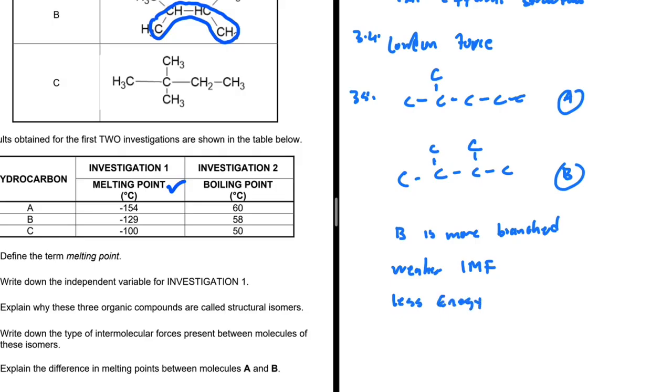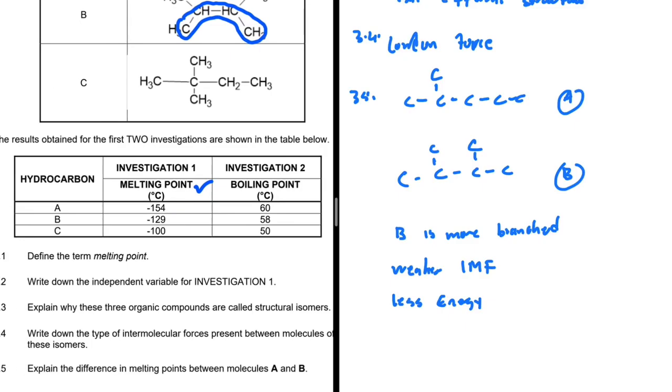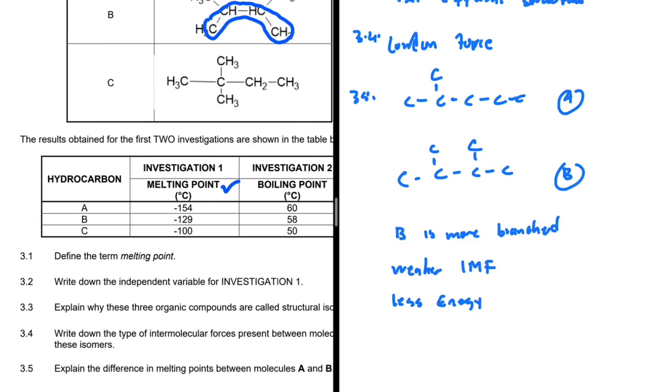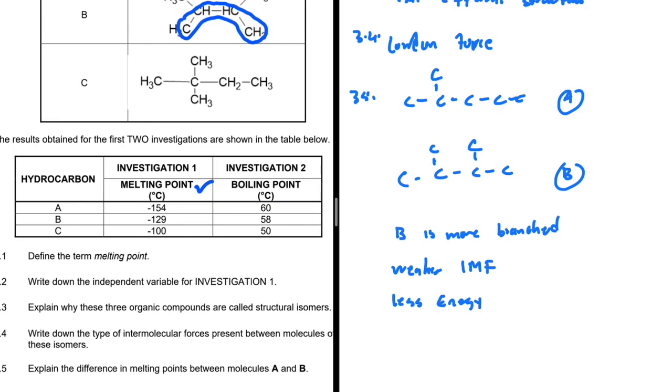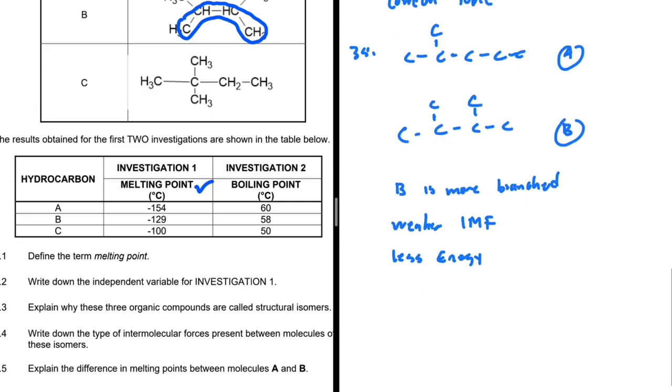And then as a consequence, what are we basing this on? Are we basing it on investigation 1 or investigation 2? We will still reach the same conclusion, but the question is, should we talk about melting point or should we ever talk about a boiling point? I think we can talk about both, really.